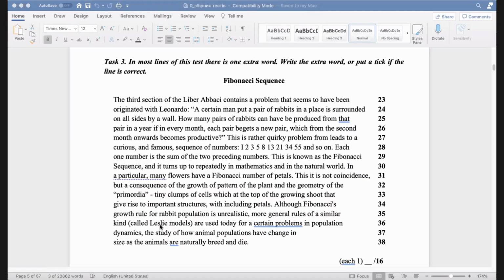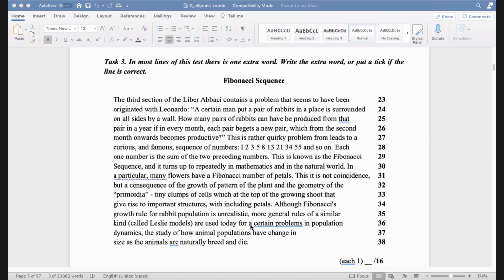What about 36? There is an extra word. And there is underlined, you see by Microsoft Word, underlined two words. Certain? Yeah, for a certain problems. You see, S, ending S. Yeah, okay.